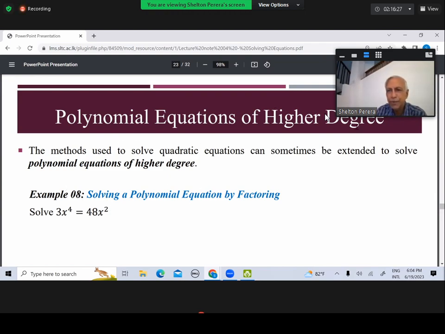Polynomial equations of higher degree. What do you mean by higher degree? More than 2. Higher degree is more than 1, but quadratics we have done, no? Even higher ones. First example, there is one given there, but let me do one problem so you can do this one.